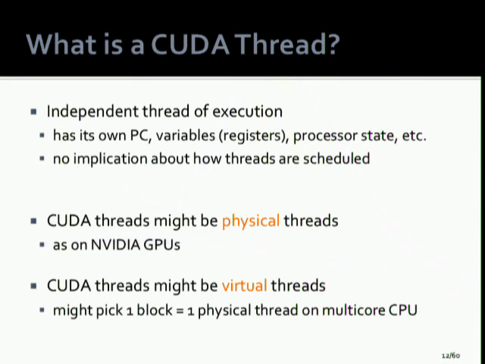So you might want to say, instead of one CUDA thread becoming one hardware thread running on an x86 multi-core chip, instead we can make one CUDA thread block a hardware thread, and then have a for loop that iterates over the different threads in the thread block inside of this thread running on a multi-core. So the way that threads are implemented is not actually part of the programming model itself.